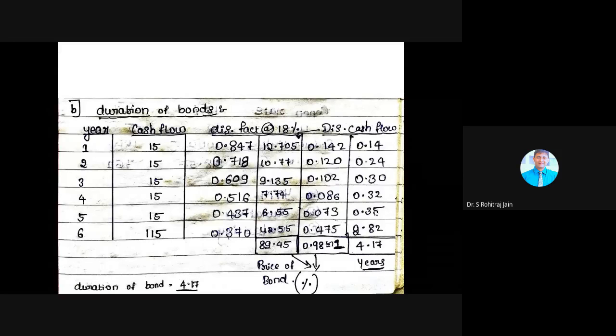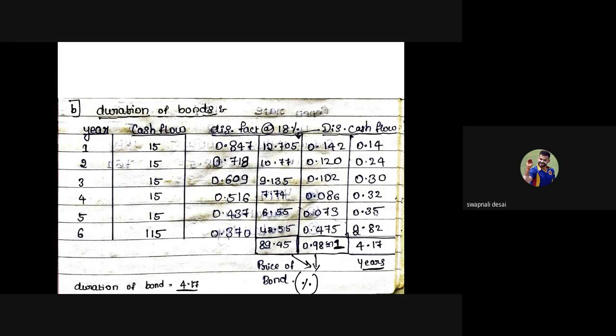Then the second column, I'm explaining once again. The second column is concerned, those are called cash flows, correct? So every year, what is the coupon interest I'll be getting? Can anybody tell me what is the coupon interest which is given in the problem? 15, right?